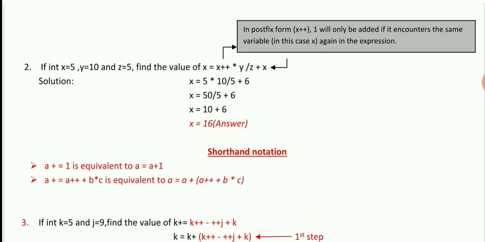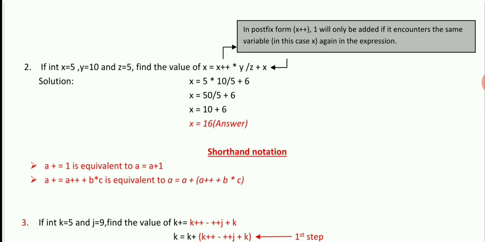So as I told you already, multiplication is evaluated first according to the associativity rule. So 5 * 10 will give you 50 / 5 + 6. Now if you consider the priority of division and plus, division has more precedence, so division will be evaluated first.